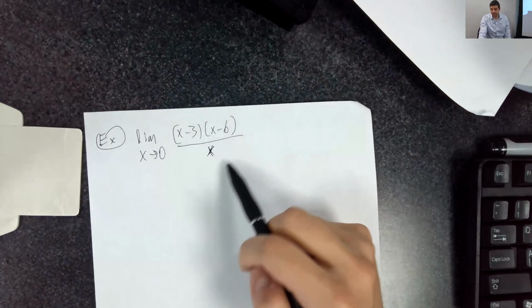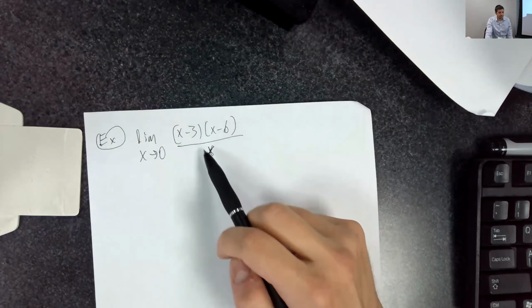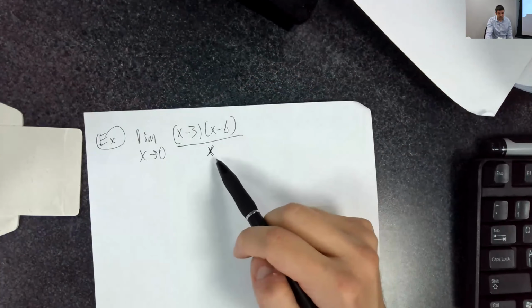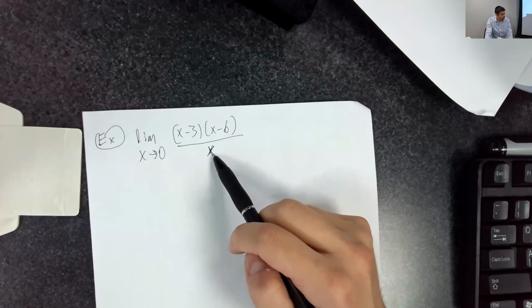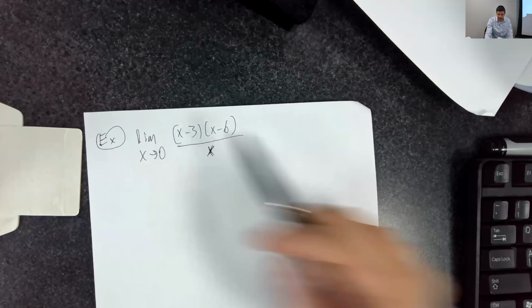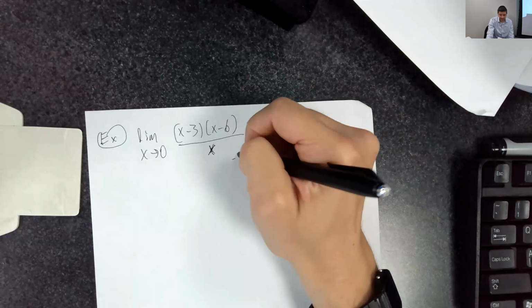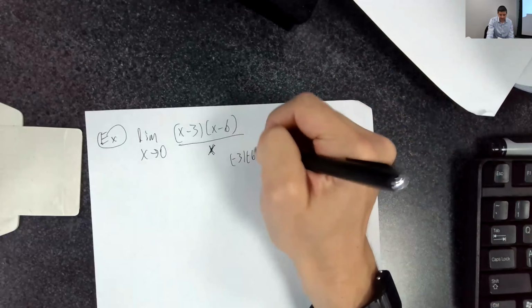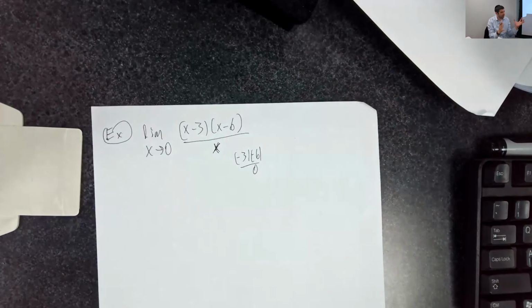Now, is this function continuous or is it undefined somewhere? It's undefined somewhere. Where? 0. At x equals 0, it's undefined. So then we can't really plug it in. Like if we tried to plug it in, we'd get -3 times -6 over 0. That's our c over 0 case from last section.